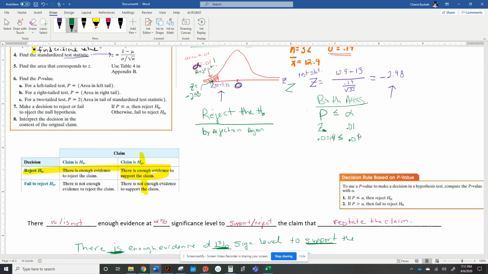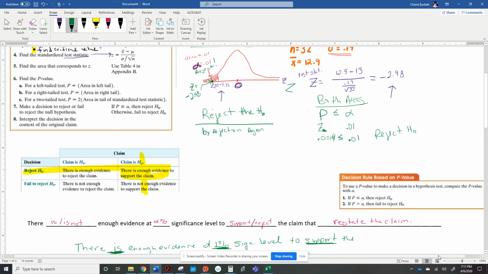When this area is smaller, that makes sense. Remember, it was on the left, so obviously this area right here would be smaller than that area. So it should make sense. Then the result of this, we would say reject H sub O. And of course, we would go back through the exact same thing because our claim was the alternative hypothesis, and we reject H sub O. This was the outcome.